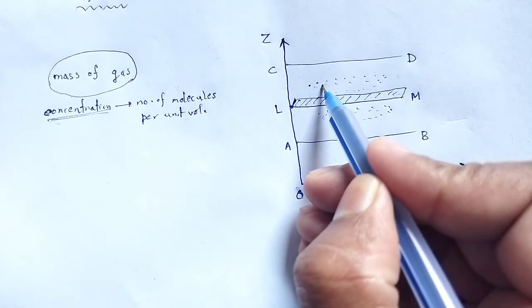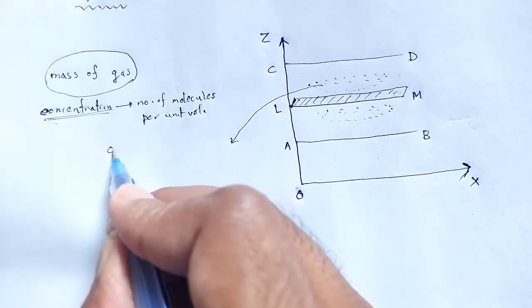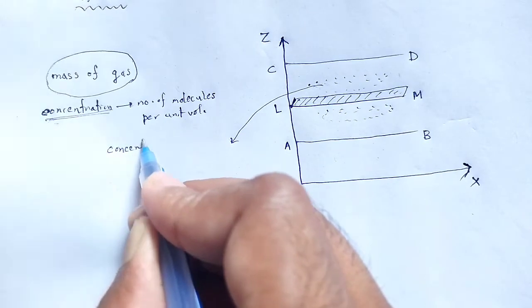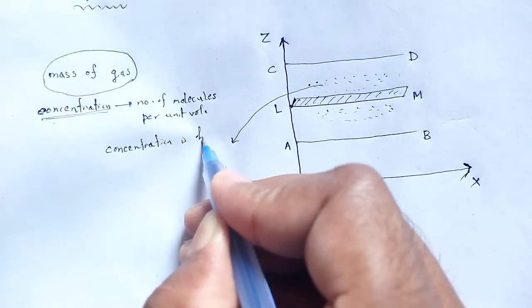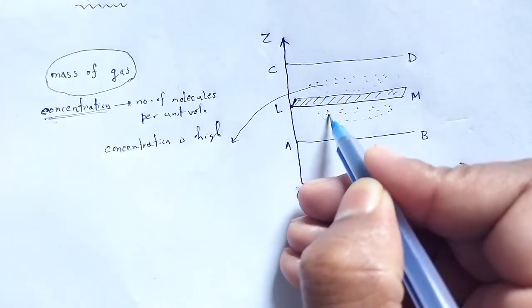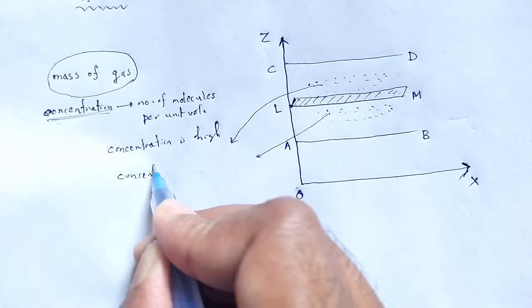Here the concentration is high, and here the concentration is low.